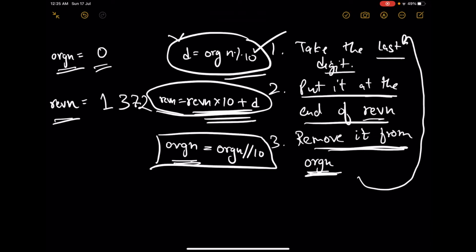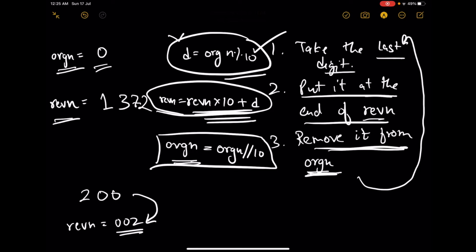So that's fine. But what if we have a case where orgn has trailing zeros instead of leading zeros? That's allowed, right? What if we have something like 200? In this case, when I'm trying to reverse orgn and store it into reven, I should actually get something like 002, right?